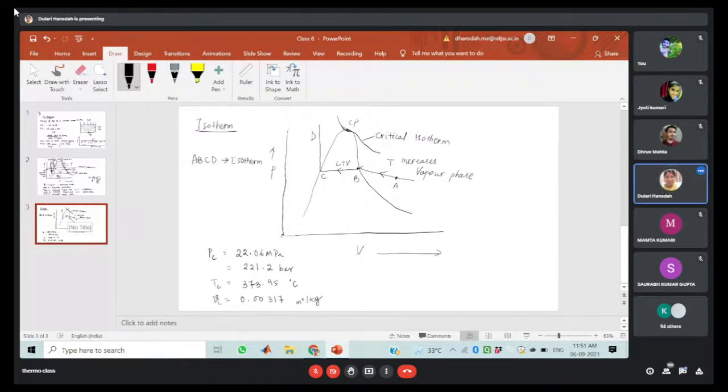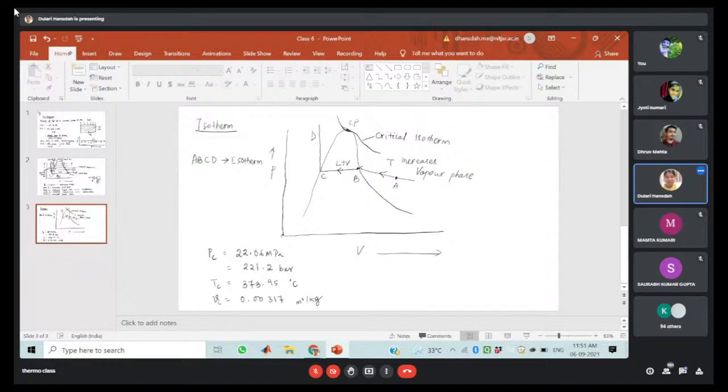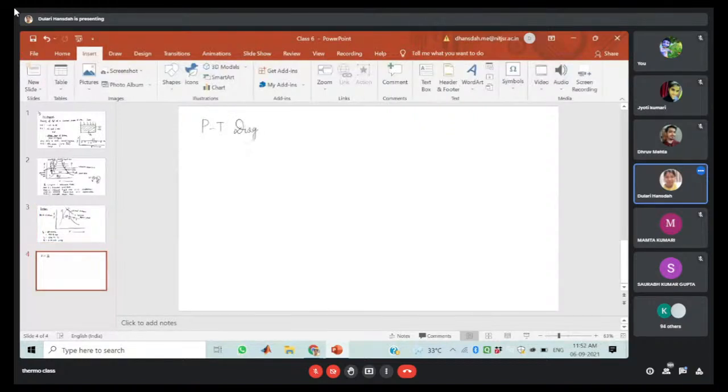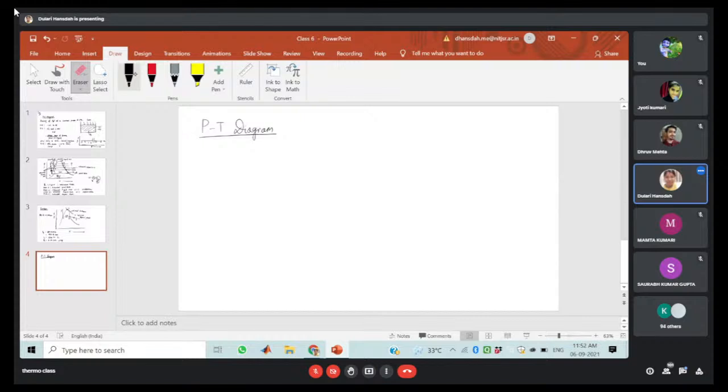The PT diagram is the pressure and temperature diagram. Okay. So in case of the PT diagram, on the same case, the solid conversion to vapor.